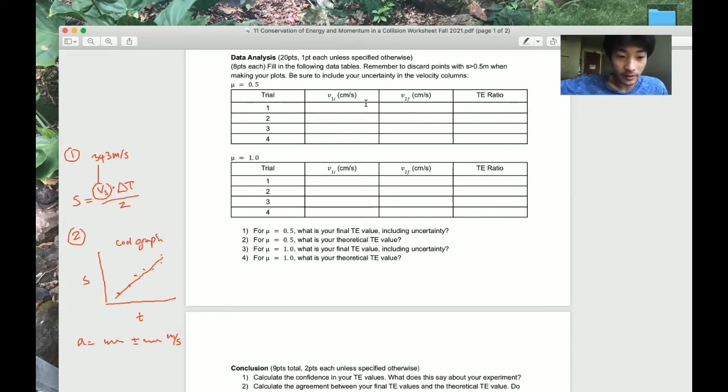Whatever you get for your slope, because you use the speed of sound in meters per second, the velocity you find is going to be in meters per second. Just because they're asking for centimeters per second here, you're going to have to divide by 100. Or no, multiply by 100. So whatever you get, you're going to multiply that slope by 100 to get your stuff in centimeters per second. Okay, so that's how you do that.